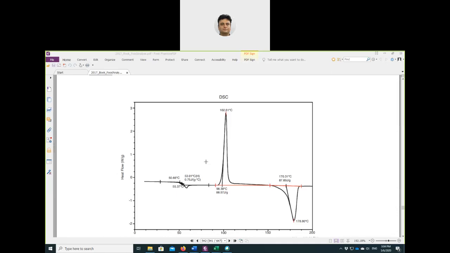During the first order transition, temperature is fixed, but in the second order transition, like the change from amorphous to rubbery, the temperature will change during the transition.